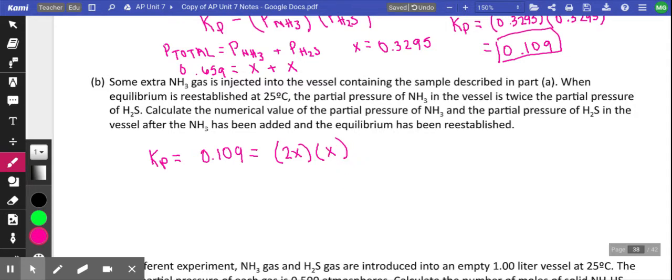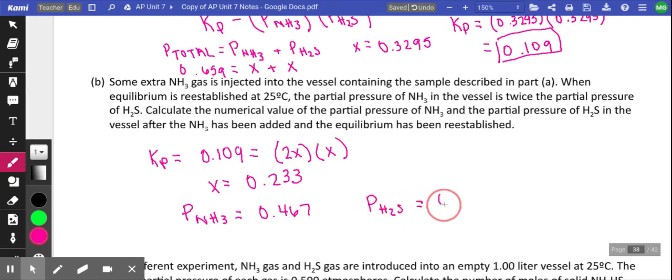Okay, so I can combine my like terms and solve for x, and we should come up with x being 0.233, which tells me that the pressure of NH3, which was equal to 2 times x, would be 0.467, because that was 0.233 repeating, and the pressure of H2S would be equal to 0.233. Almost forgot my units here. Please don't do that. But that would be my final answer.